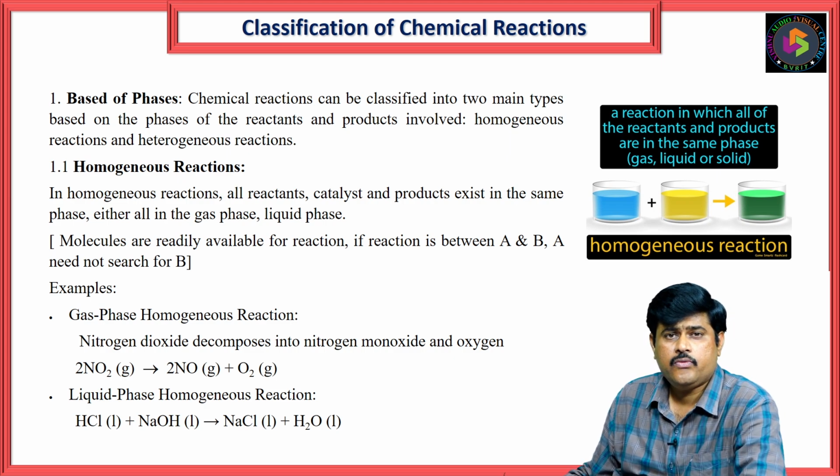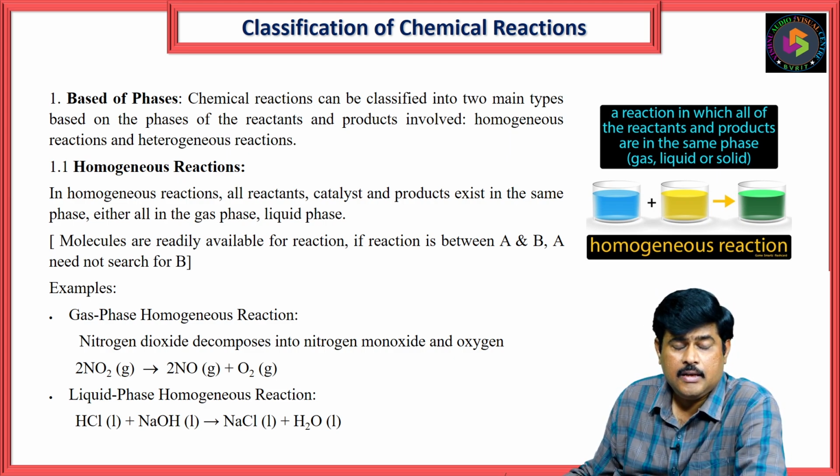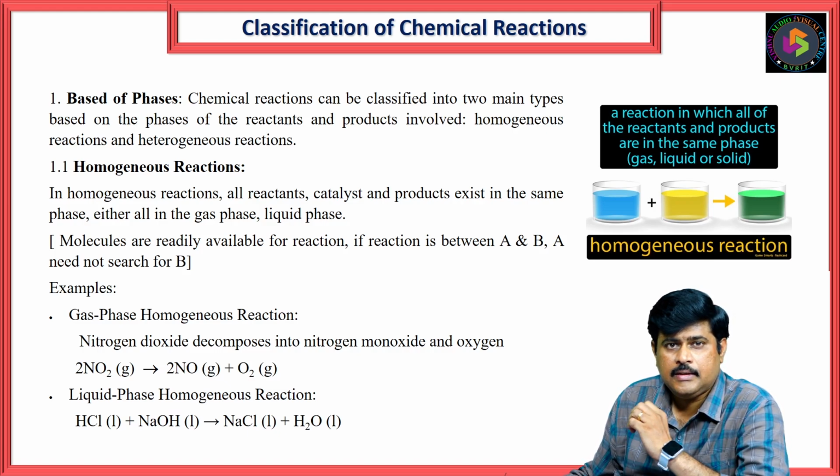The main advantage of homogeneous reactions is that the molecules are readily available. That means if A and B are reacting with each other to form a product, in homogeneous reactions the molecules A and B are readily available.